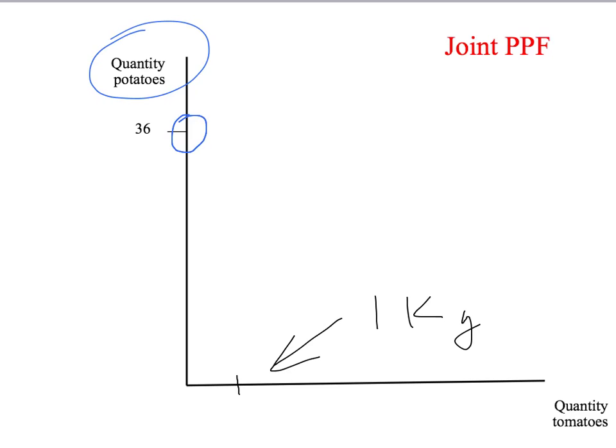And so initially you might say, well, if Becky produces a kilogram of tomatoes, she takes less time, so maybe she should do it. But wrong. That is thinking in terms of absolute advantage, not comparative advantage.